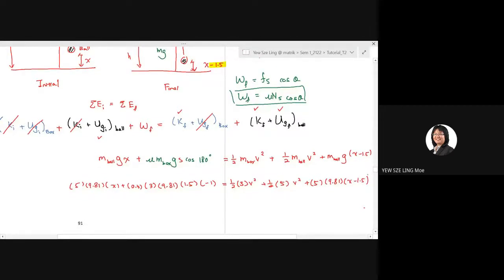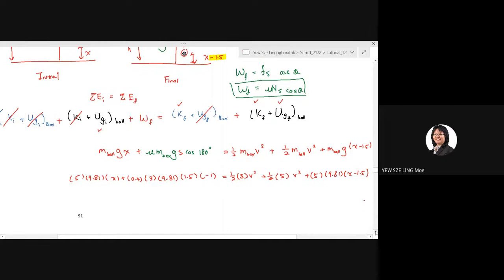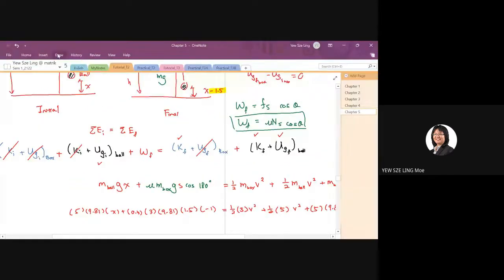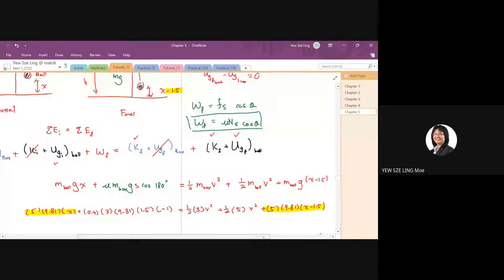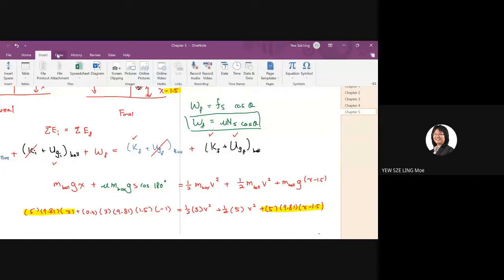All right, so if I rearrange the equation, you will see that x and x will cancel out with each other. Why? Because if you look at the equation, I'm just going to expand these two parts for you. Kalau kamu tengok dua part ini. So what am I going to do with these two parts?